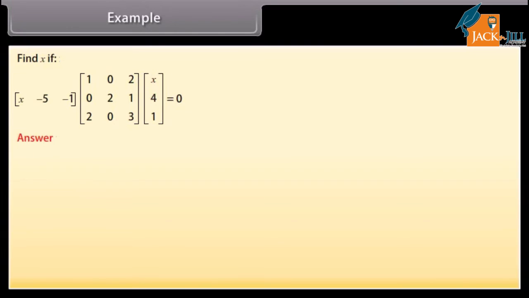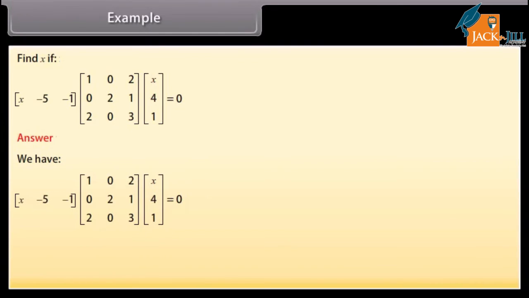Given that we have the matrix [x, -5, -1] multiplied by the matrix with rows [1, 0, 2], [0, 2, 1], [2, 0, 3] multiplied by the matrix with rows [x], [4], [1] is equal to 0.